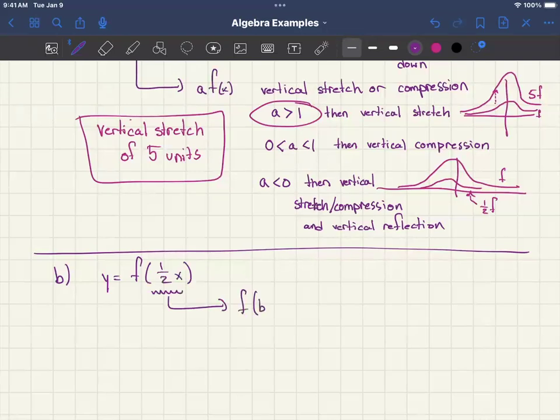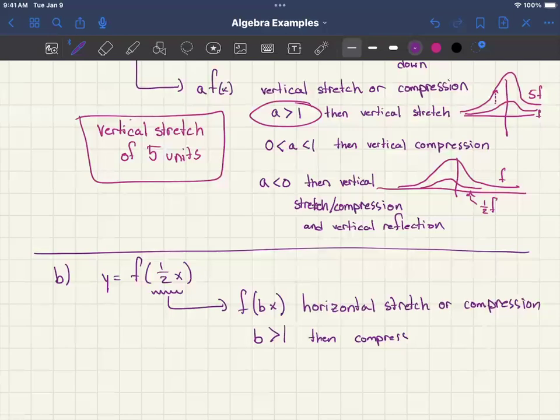So we might look at f of b times x, where b is some number. And this is going to be very similar to what we saw before. There are three options. If b is bigger than 1, then we are compressed by b.